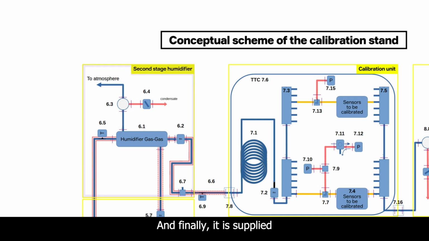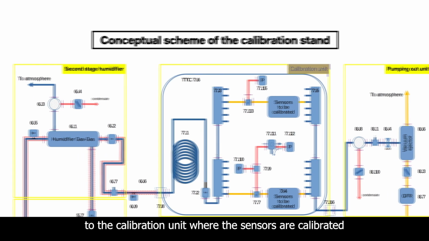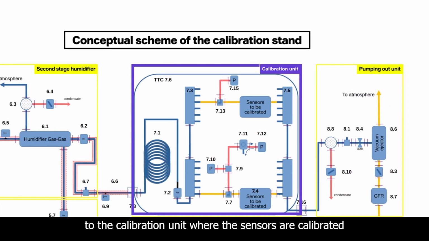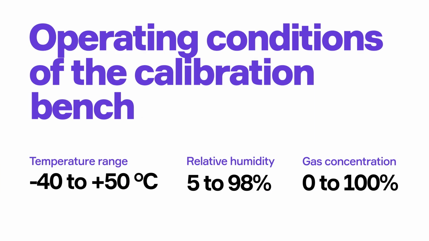And finally, it is supplied to the calibration unit, where the sensors are calibrated by measuring their signals depending on the wide range of environmental parameters.